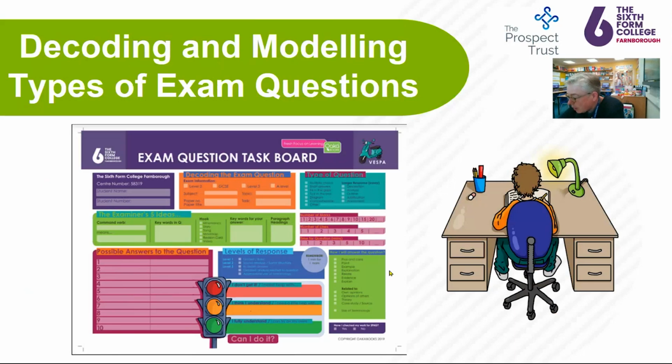Pros and cons, point, example, explanation, relate, evidence, explain, own opinions, opinions of others, and/or theory. Don't forget the SPAG. So a key thing to think about today is decoding that exam question.